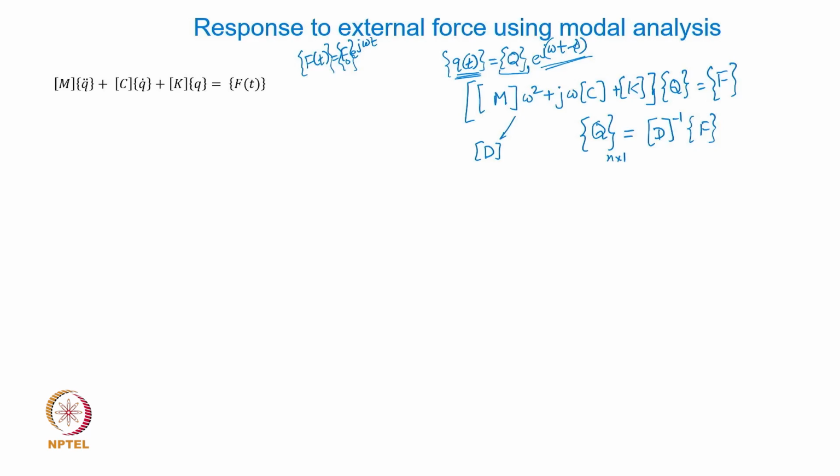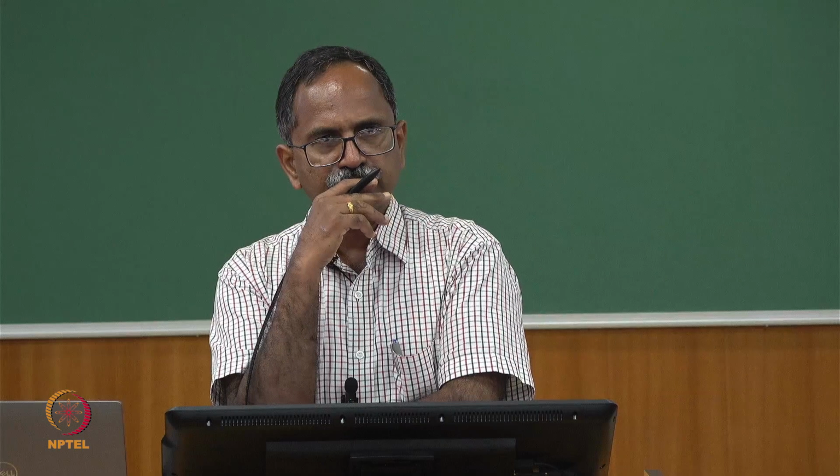I invert this matrix and I get the response, because q is already defined as a function of time, that is basically q e to the power j omega t minus phi. Omega is known, I can find out phi.